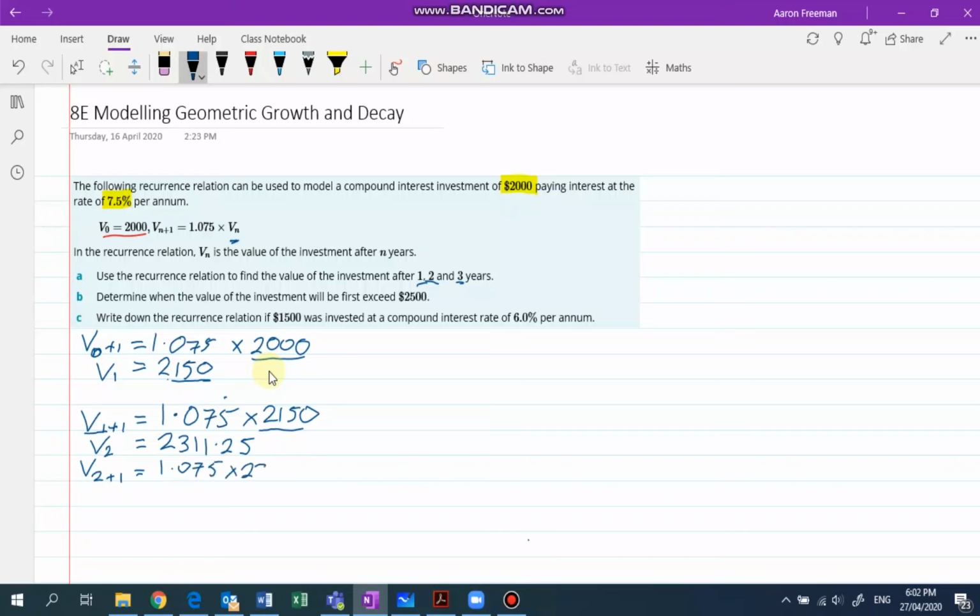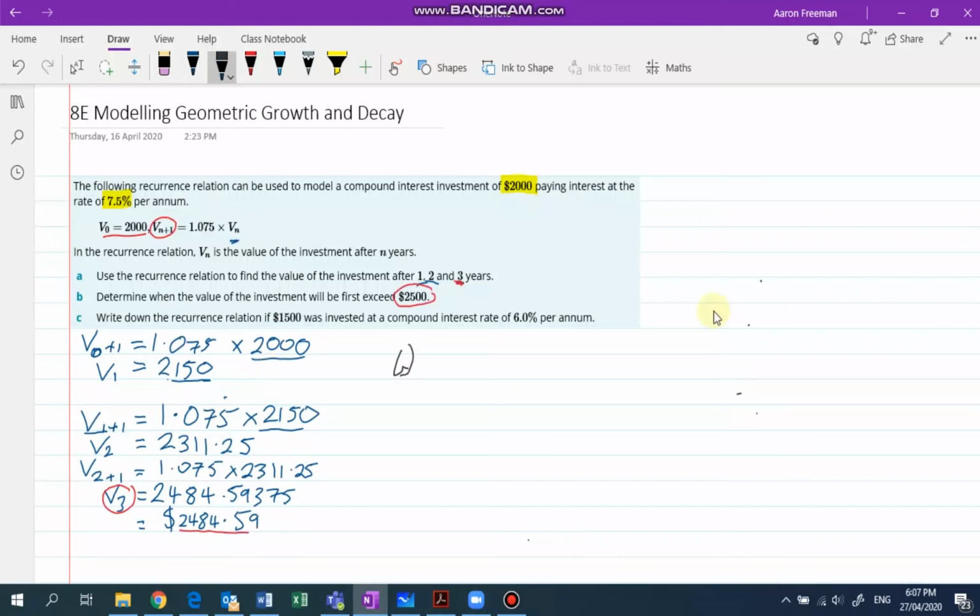Okay, now we have to remember that this is V3. This is a financial value, so we go to 2 decimal places. So we have $2,484.59. Go for that one.